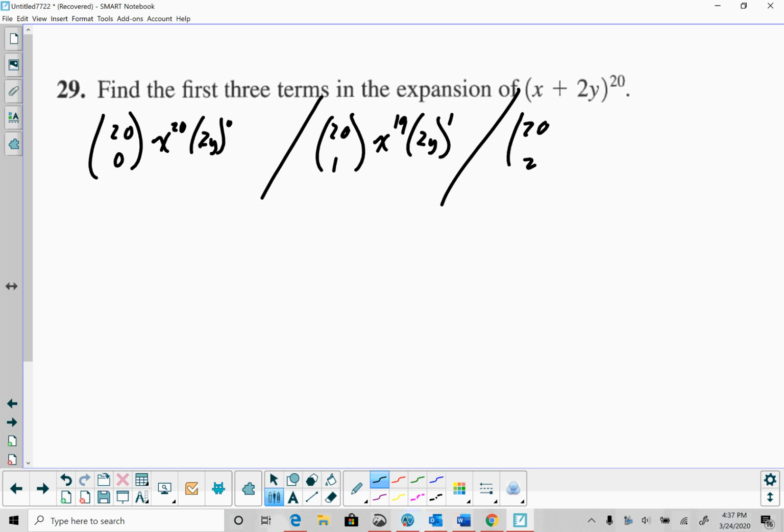And 20 choose 2, x to the 18th, 2y squared.